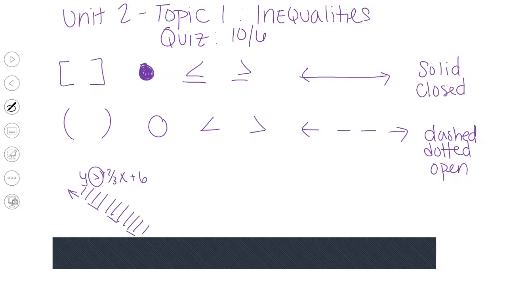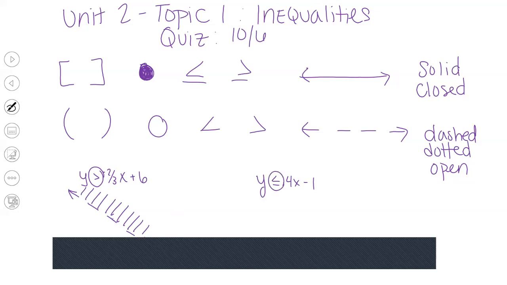Okay? Let's try one more, and then we will actually do a real graph together. Y is less than or equal to 4x minus 1. Is the line going to be dotted or solid? It's going to be solid. This equal sign tells me it's going to be solid.